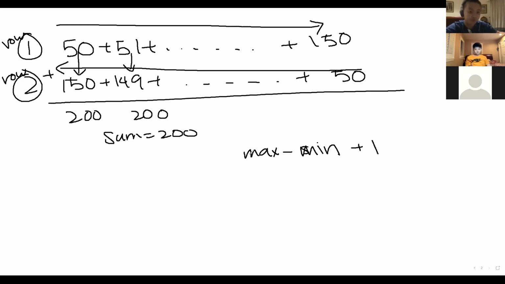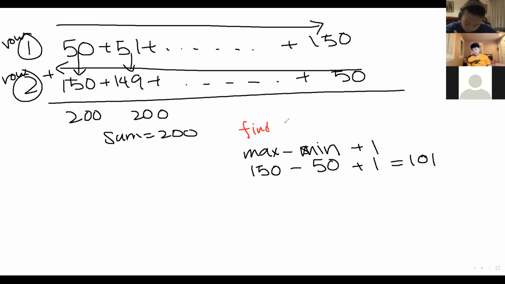In this case, the biggest number is 150. The smallest number is 50. 150 minus 50 is 100. 100 plus 1 is 101.